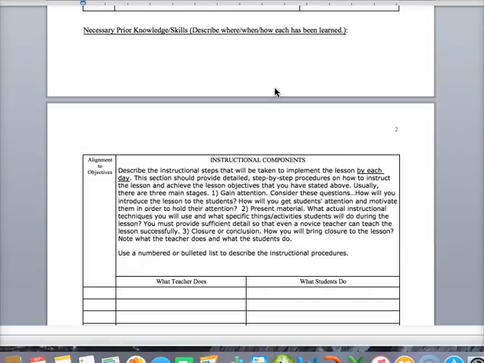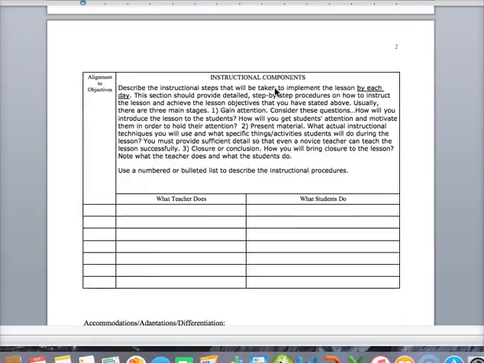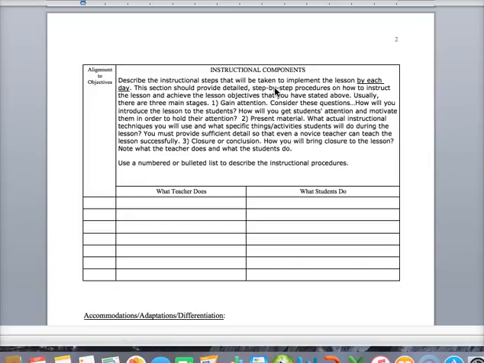So if it's something they would have learned prior in your classroom, you'll describe that students learned this particular piece in September during a unit on X. This is going to be the most involved part, doing the instructional components, because you need to do detailed lesson plans here.